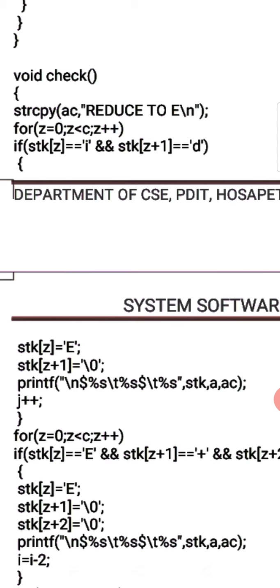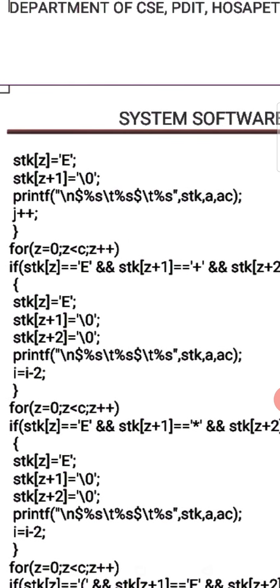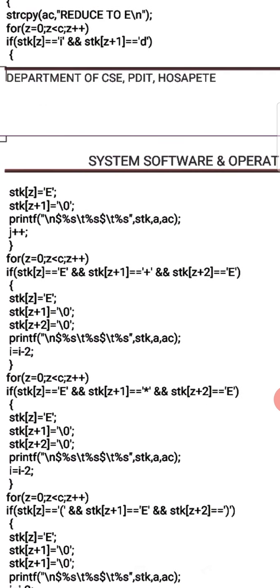The right part of the last production is id, so the stack content is matched with id in the first for loop. In the second for loop, the right part of the production is e plus e, and the stack content is matched with the right part of one more production.